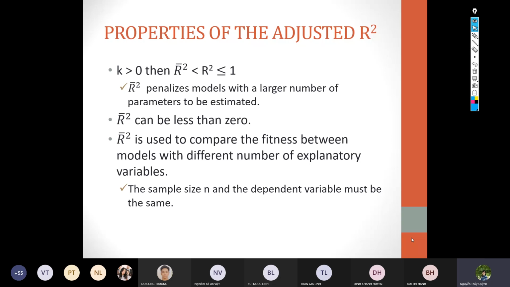For example, if this model has the dependent variable as y, that model will also have the dependent variable as y, not the logarithm of y or y squared.